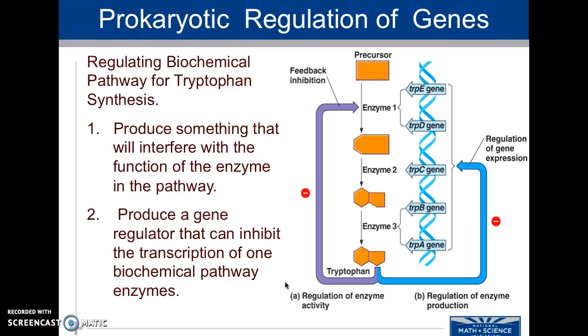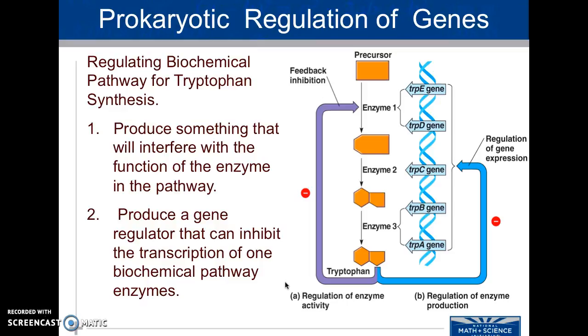So this produces something that will interfere with the function of the enzyme in a pathway. It produces a gene regulator that can inhibit the transcription of one biochemical pathway enzyme. There are two ways that we get negative feedback, or the stop of this pathway.